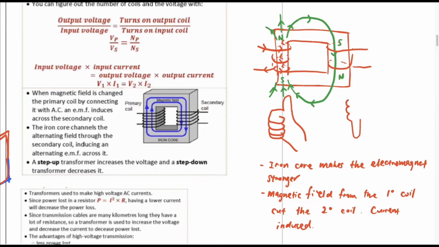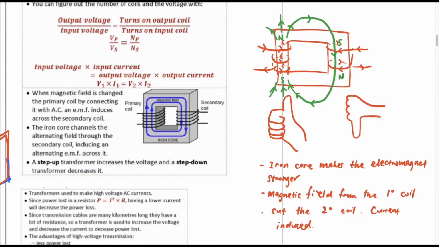So you should expect the current to flow in a way that follows the four fingers, which is going to be like this. So the current will flow in that way. That is what happens.